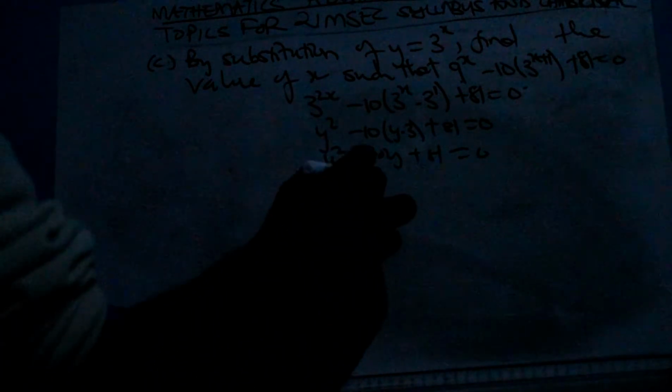Then we factorize this quadratic equation. As you can see, the highest power is squared. What are our factors? It's y squared minus 27y minus 3y plus 81 equals 0.